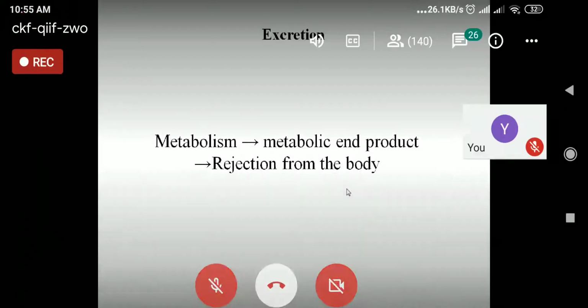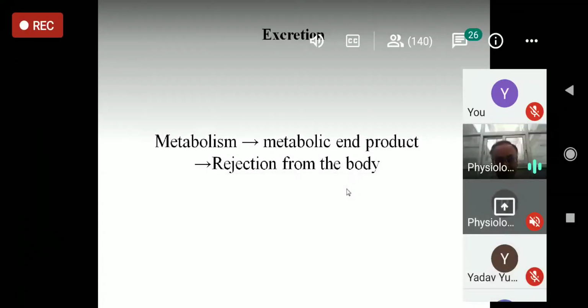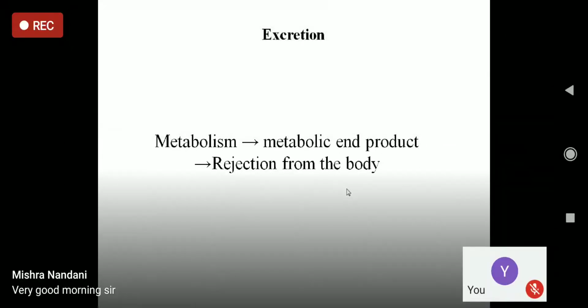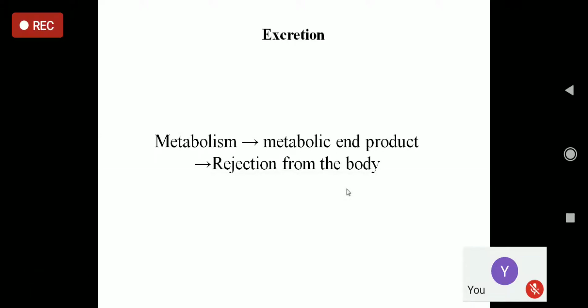Metabolism produces metabolic end products which are not good for the body. Maybe urea, uric acid and other waste products are produced, which are not good for the body, and they must be rejected from the body, and that rejection is known as excretion.